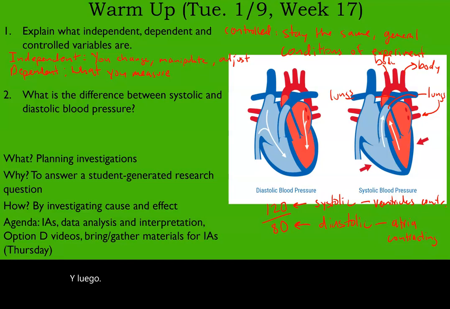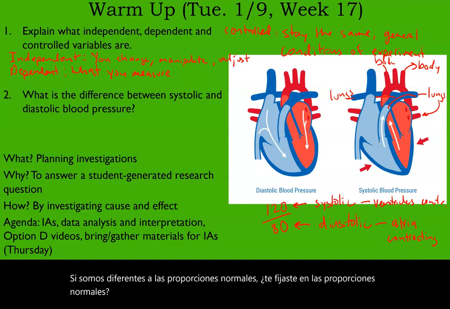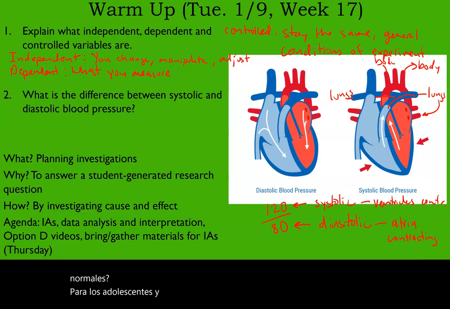I think there's a statistic we could use, like chi-square, to see if we're different than the normal ratios. So did you look at the normal ratios for teenagers and their PTC testing, or a general population?